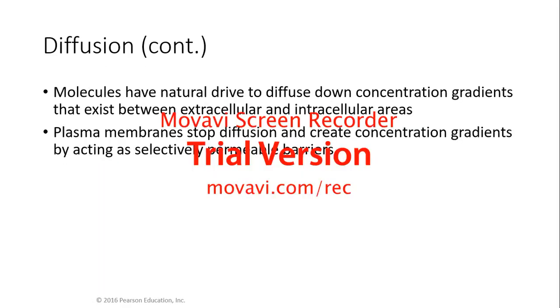So things can become highly concentrated within the cell and low outside the cell, or vice versa. They can be highly concentrated outside the cell and low inside of the cell. The cells take advantage of these concentration gradients. We'll talk about that a little bit later also.